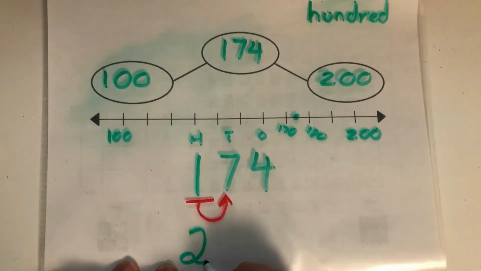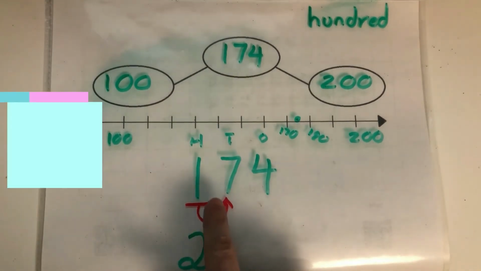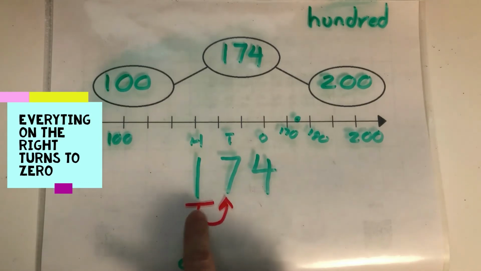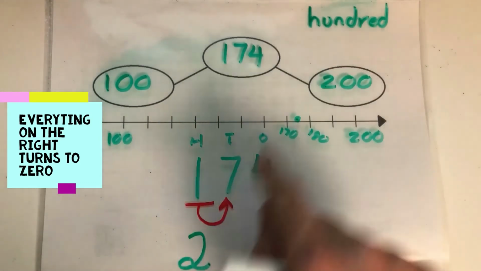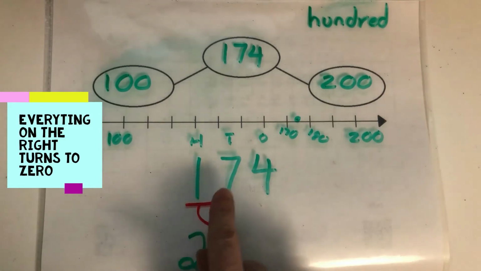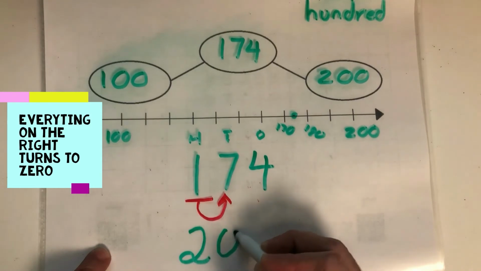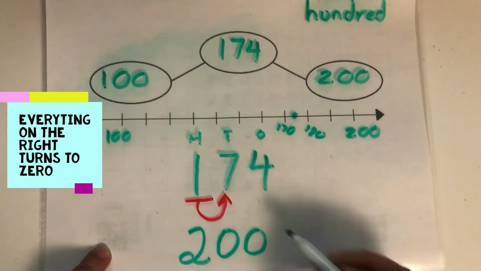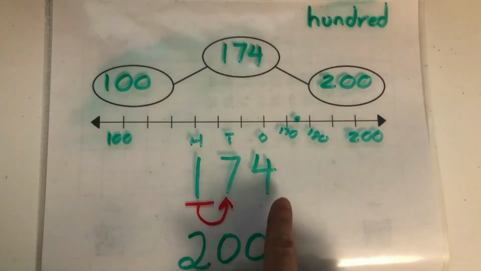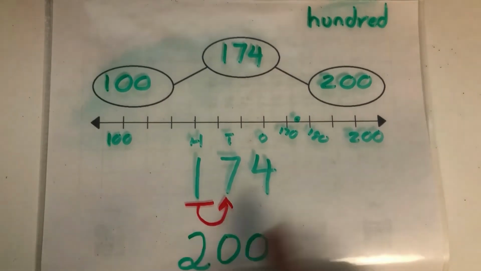Let's put the 2 down here. And now everything that's to the right of the digit that you underlined, the digit that you're rounding, is going to become a 0. So to the right we have 1, 2. So we're going to put 2 zeros. So 174 rounded to the hundreds equals 200.